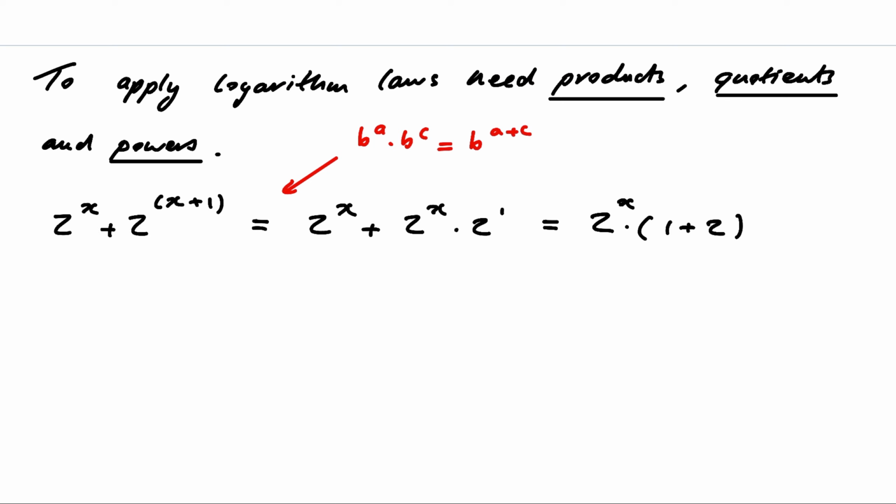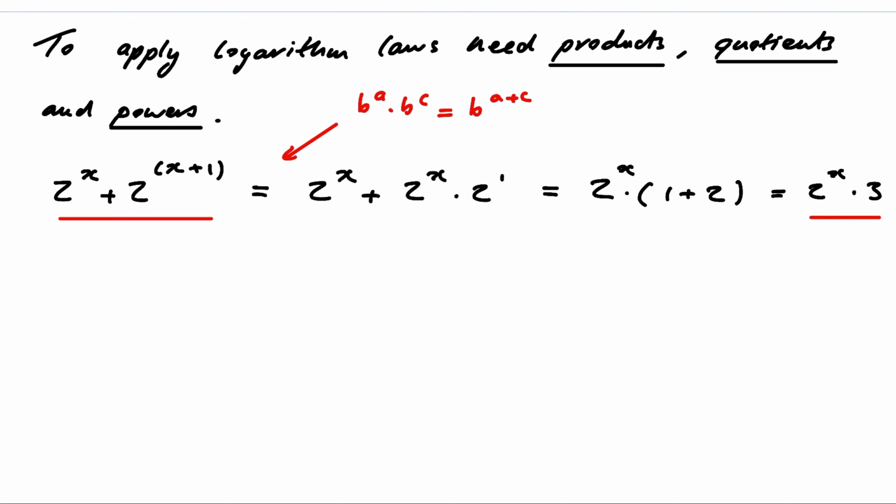And this is equal to what? This is equal to 2 to the x times 3. So I've taken the left-hand side of my original equation, which was a nasty sum, and now I've expressed it as a product. Because it's a product, I'm going to be able to apply my laws of logarithms. So let's try it.